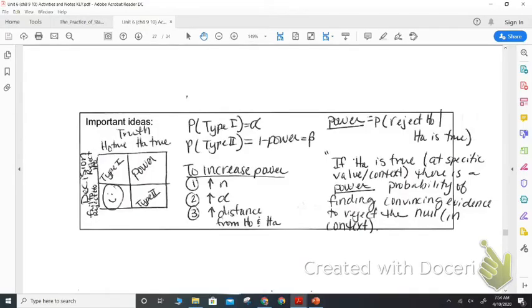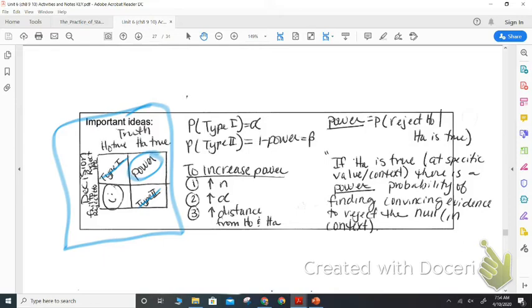So here's a summary of what you need to know. We've got this picture that we had in an earlier section of notes where we have type 1 error, for example, being that the null is true, but that we rejected it. We've got the type 2 being where the alternative is true, but we failed to reject the null. And now we're adding power to this picture. So we have some alternative that is true, and we correctly rejected the null.